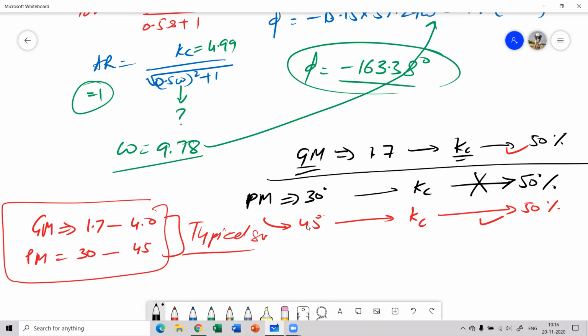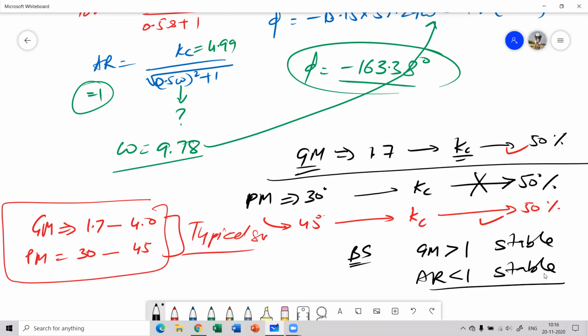Otherwise, remember this thing, for Bode stability, the gain margin has to be greater than 1 for a system to be stable, and or AR has to be less than 1 for a system to be stable. अगर gain margin 1 से कम है, system unstable है, और अगर AR 1 से बड़ा है तो system is unstable. ठीक है?